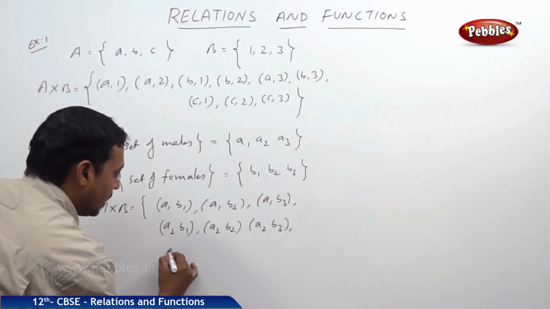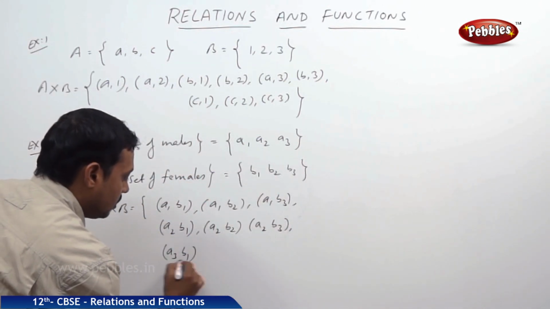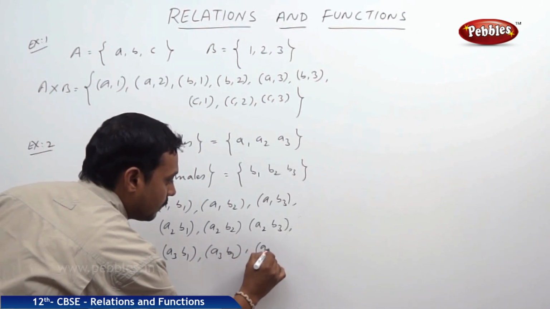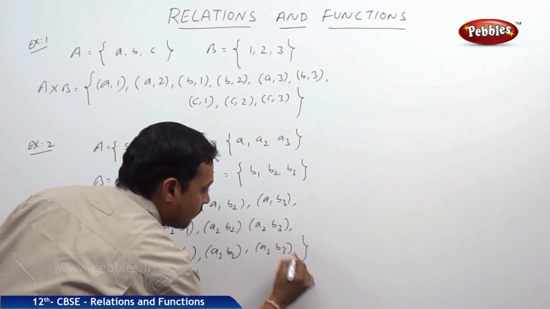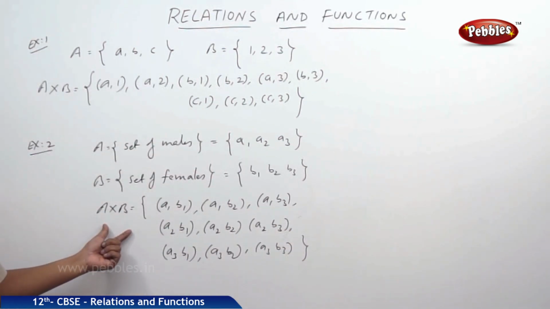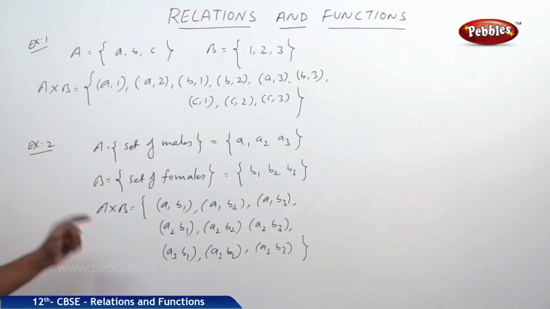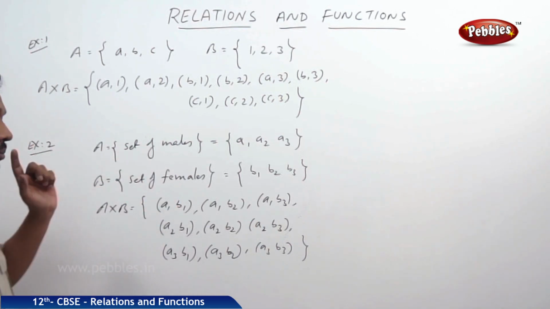Next with A3: (A3, B1), (A3, B2), (A3, B3). Therefore, the set of all possible ordered pairs defined from A to B is known as a Cartesian product.